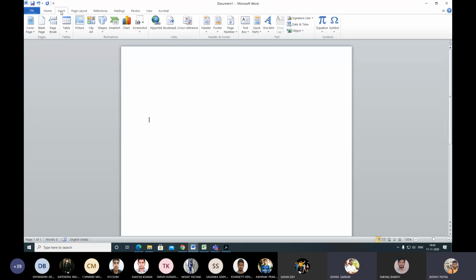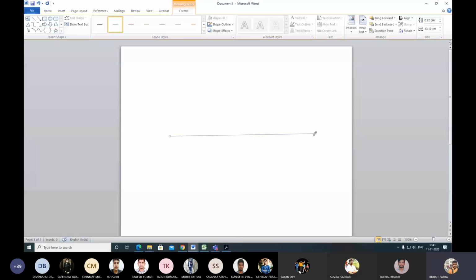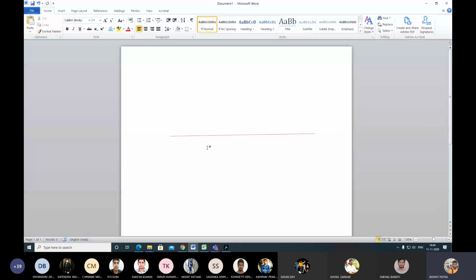Then where is Shapes? To the right of Clip Art. Shape, yeah. So suppose this is the line, right? How do I make it thicker? Can you see the line?